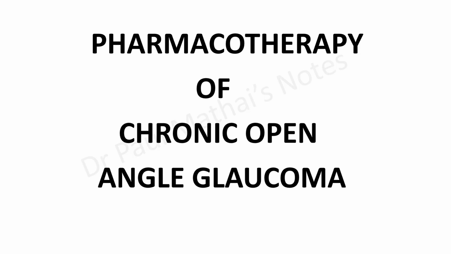Now let us move on to the pharmacotherapy of chronic open-angle glaucoma. The drugs used for chronic open-angle glaucoma may be classified broadly into four. There are some drugs which act via two mechanisms. They decrease the production of aqueous and they increase the uveoscleral outflow.